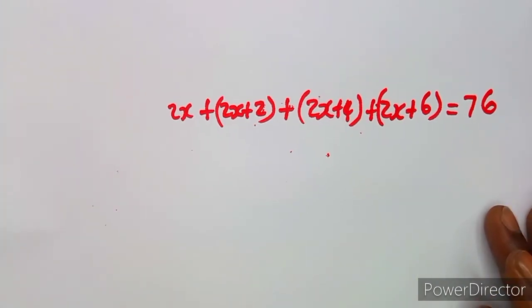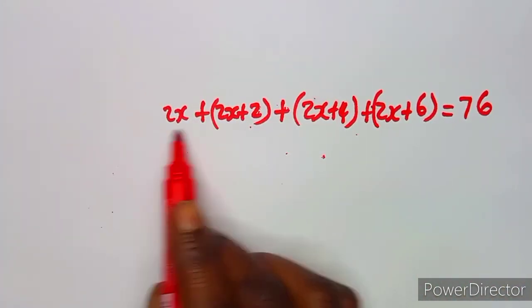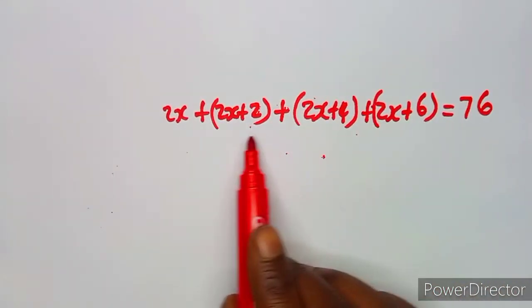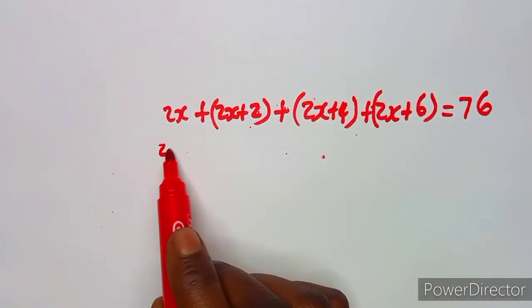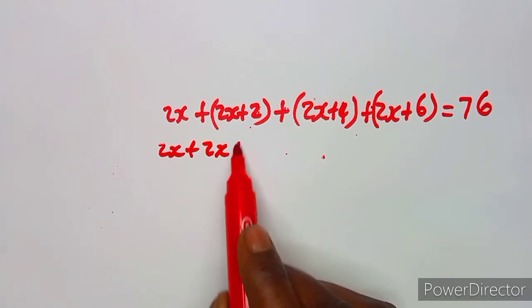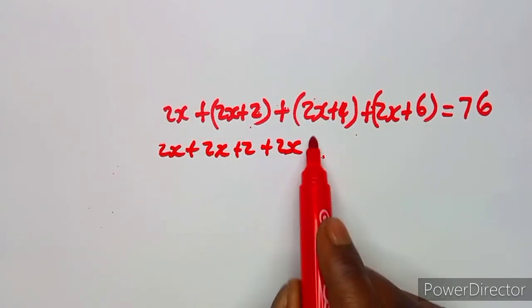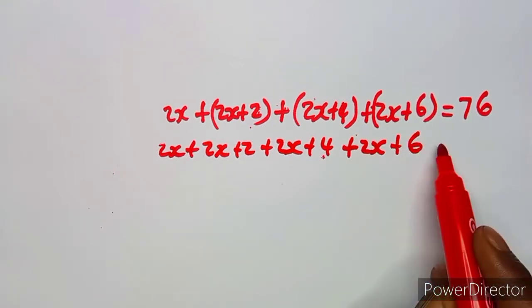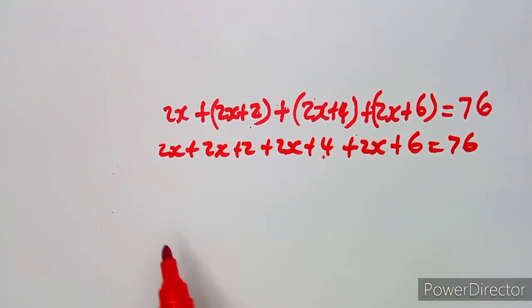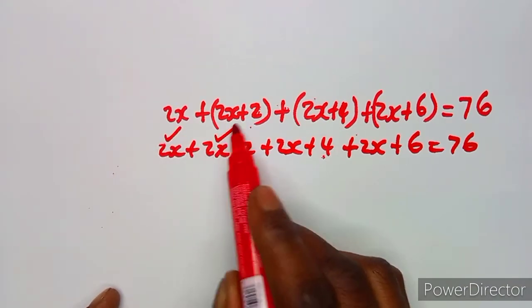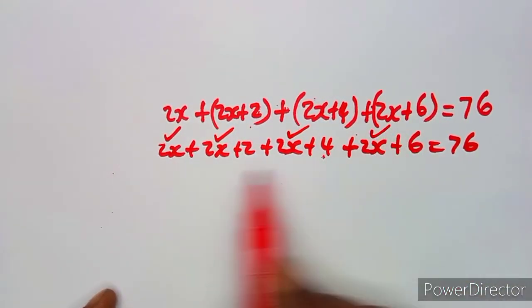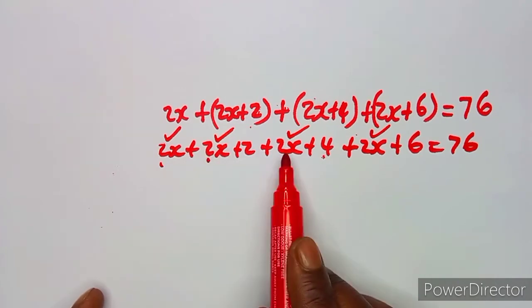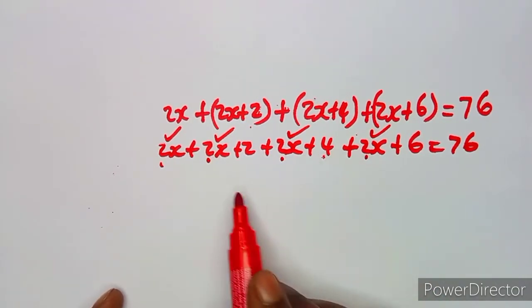So let's solve. We can just remove our brackets. As you can see, we are adding, so there's no effect. We're just going to write as it is: 2x plus 2x plus 2 plus 2x plus 4 plus 2x plus 6 is equal to 76. Then we collect terms: 2 plus 2, that's 4, plus 2, 6, plus 2, which is 8.